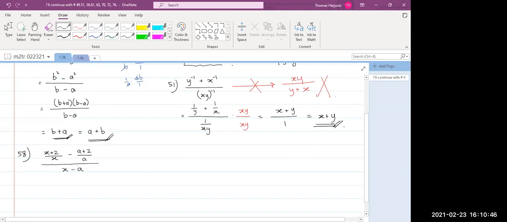You will see this expression later on, actually an important part at the very beginning of calculus.